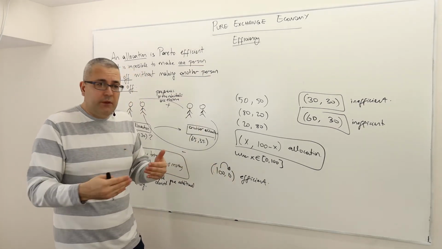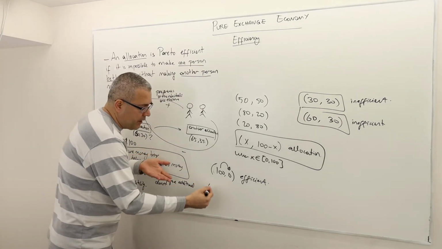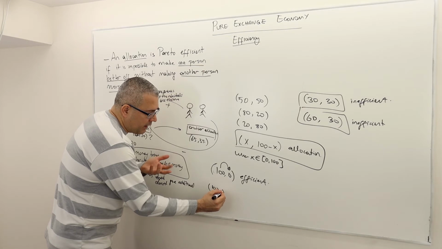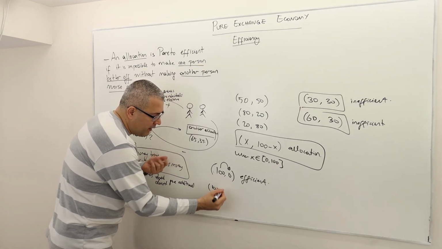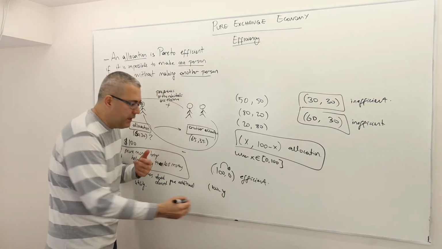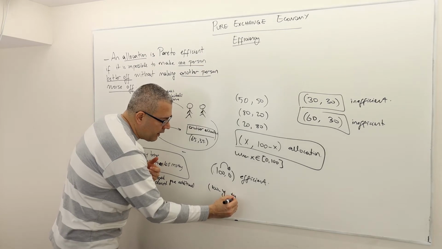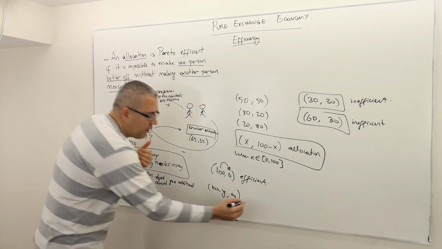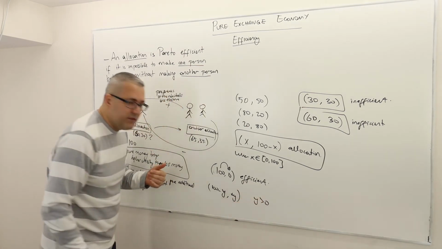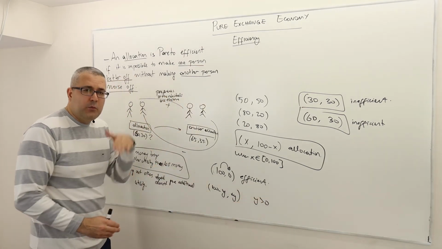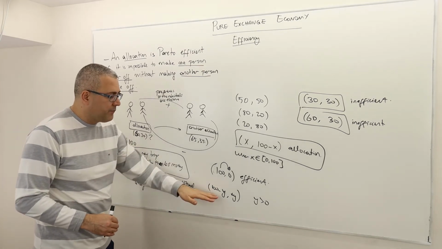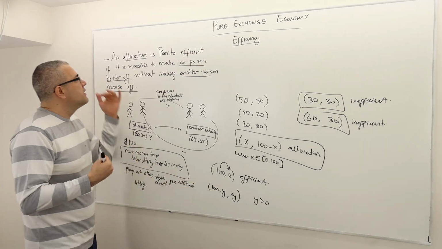So what does that mean? That means, for example, you're going to subtract some money, let's call it Y amount of money, and then give it to Anita. Well, yes, Anita is going to be happier as long as this Y is a positive number, but clearly because more money is giving more utility to these guys, Bob is going to get worse off. So what does that mean?